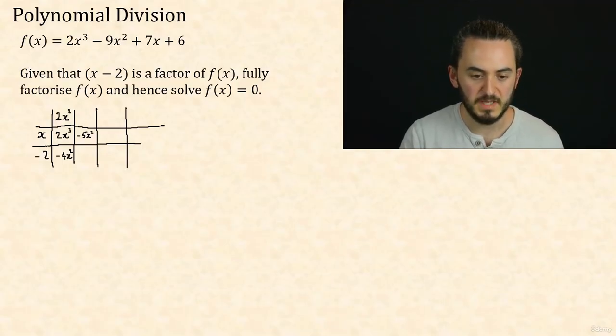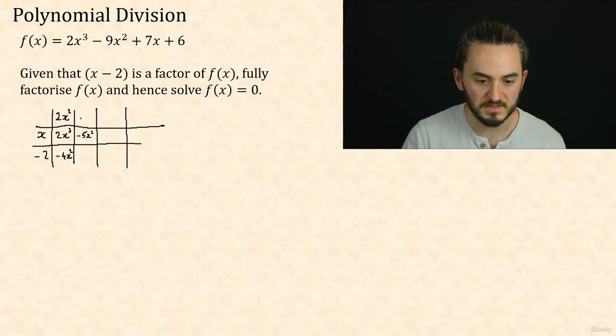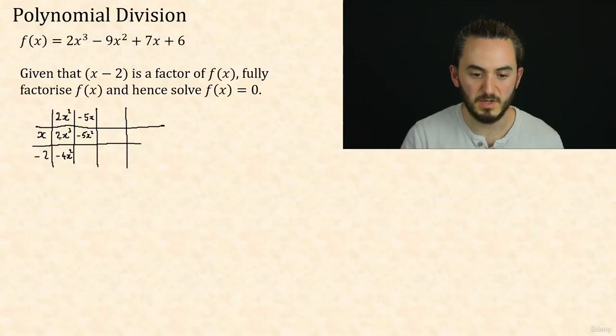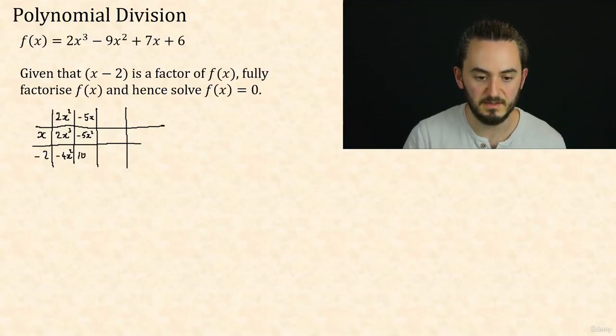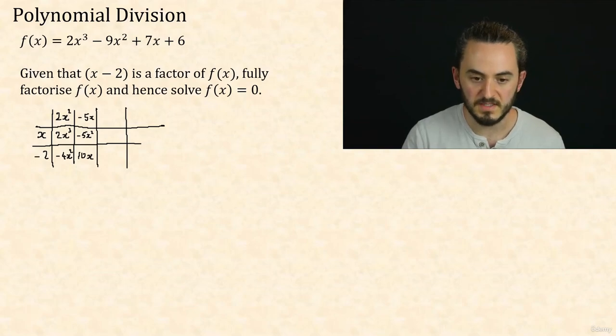So what goes up here? Well, x times what is minus 5x squared? Well, x times minus 5x. So then I can fill in this next box here because minus 5x times minus 2 is 10x. And then I can think, well, I want 7x and I've got 10x. So what's needed here?